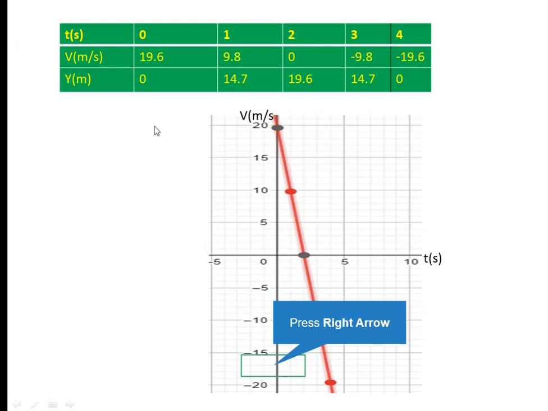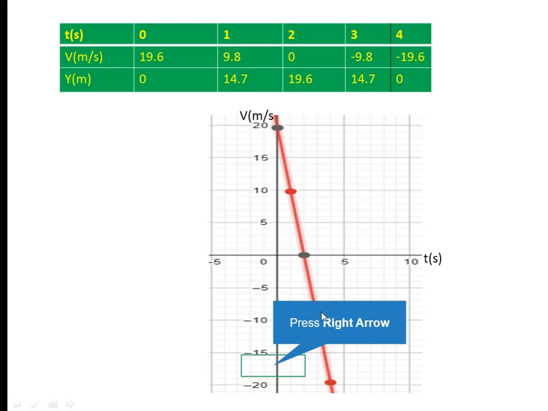Here is the velocity versus time graph. At t0, the velocity is 19.6. At t1, the velocity is 9.8. At t2, the velocity is 0, it reaches the maximum height.